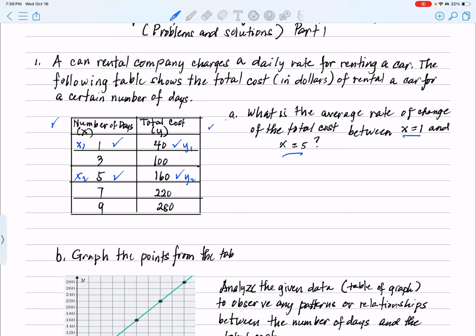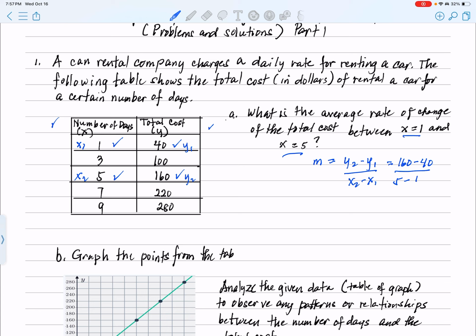Of course, doing the rate of change, we can use the rate of change formula, the change in y over the change in x. So y2 minus y1 over x2 minus x1. So your y2 is 160 minus y1 40, x2 is 5 minus 1.